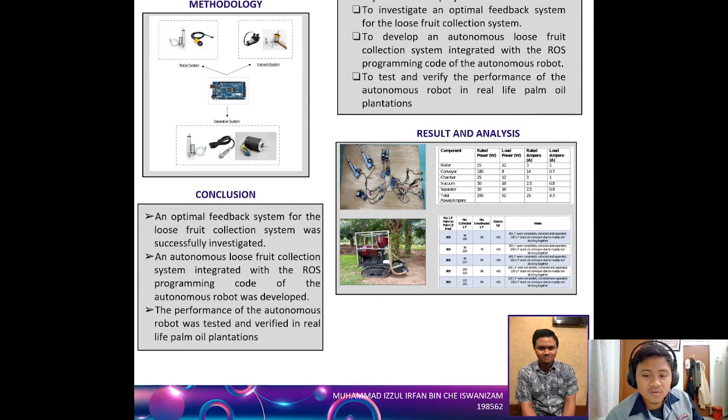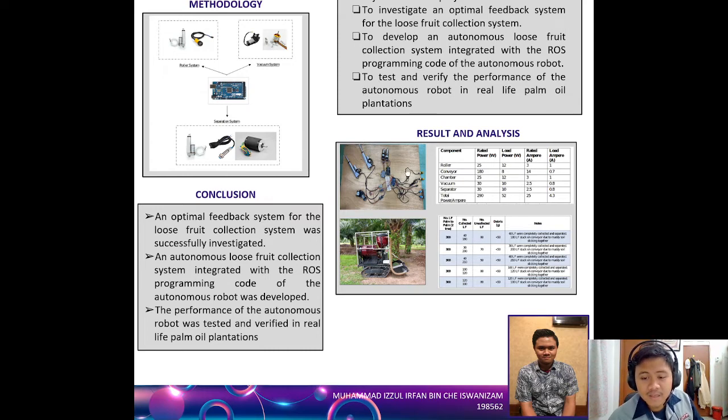So for the analysis of this circuit, first we would like to analyze whether the system itself is operable, whether it is workable to be used in real life or oil palm plantations, and also we would like to determine the total watts used for the system.